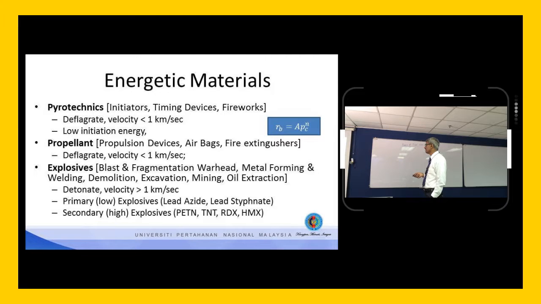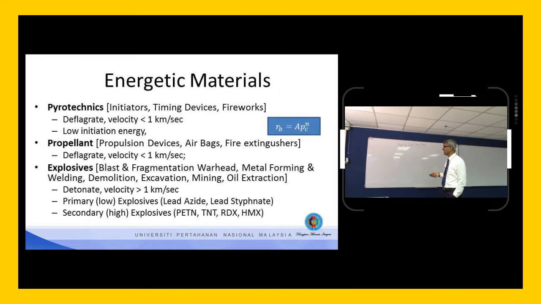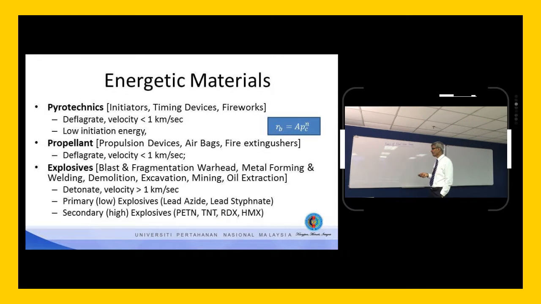Now these are some names of high explosives. The oldest one is TNT, trinitrotoluene. RDX has many names, but what I believe is more authenticated is Royal Demolition Explosive. Basically the chemical name is quite different.